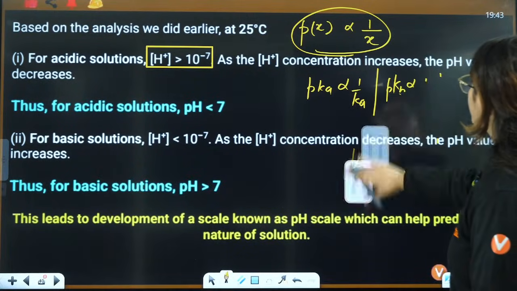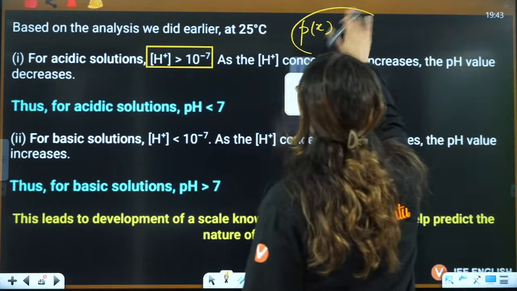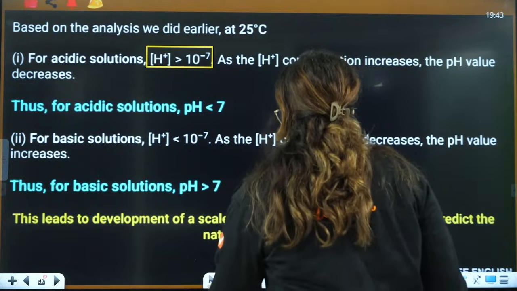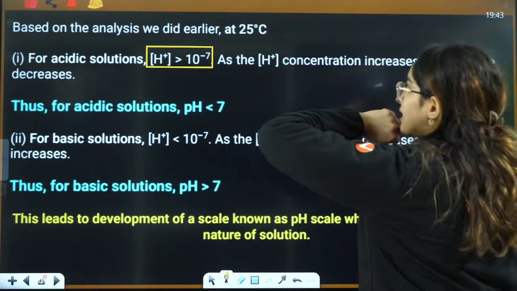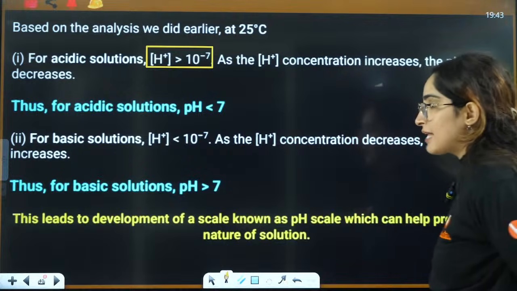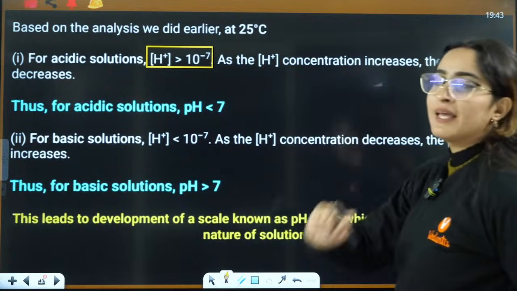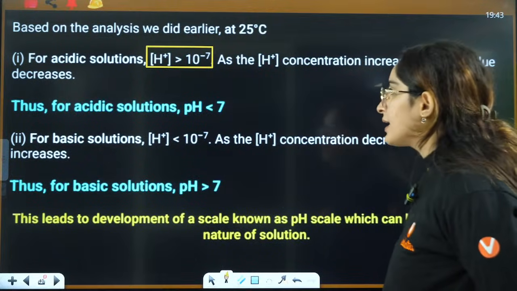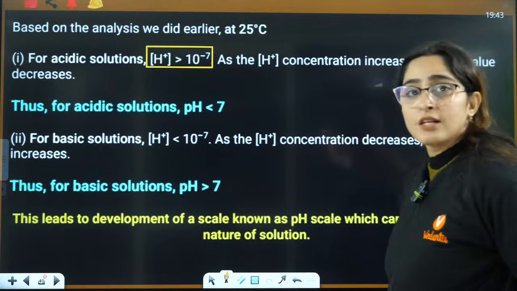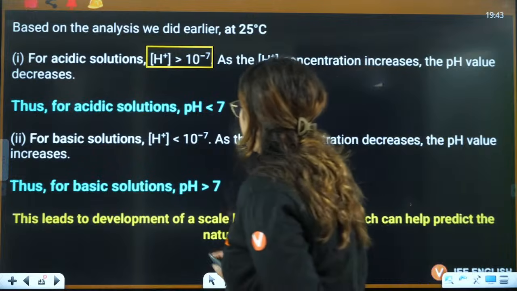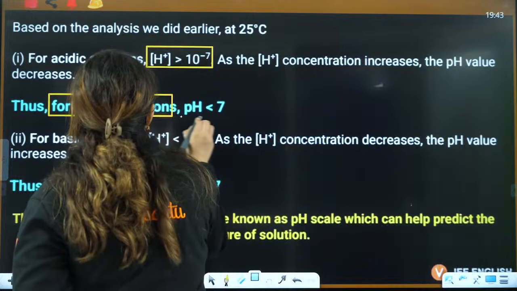So H positive concentration is greater than 10 raised to power minus 7. That means as H positive concentration increases, pH value decreases, right? Thus, for an acidic solution, pH is less than 7.